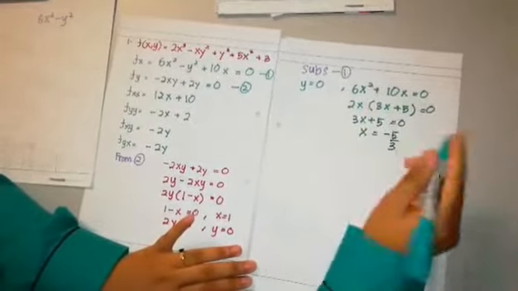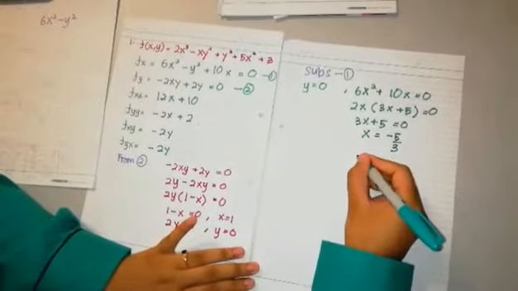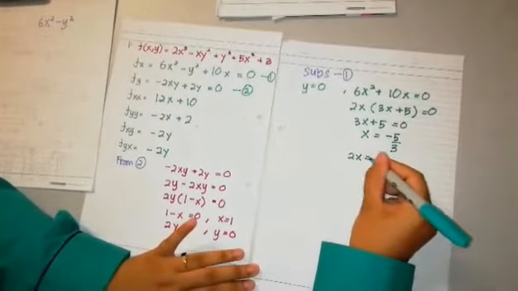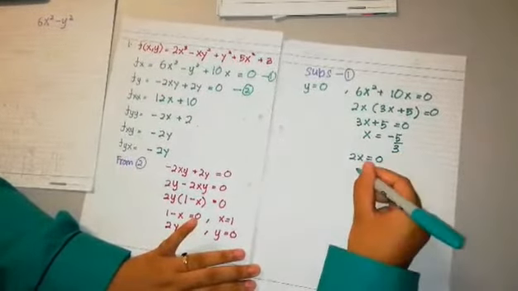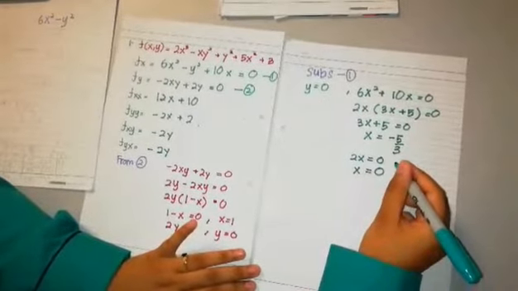On the other side, we will get 2x equals 0 and x equals 0.